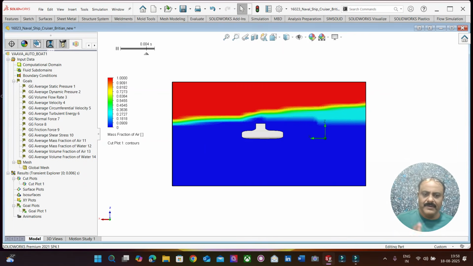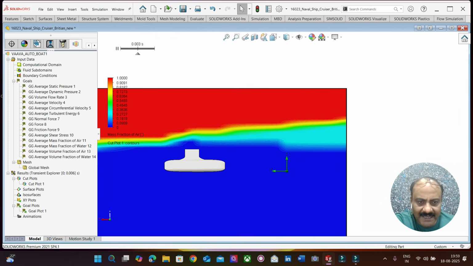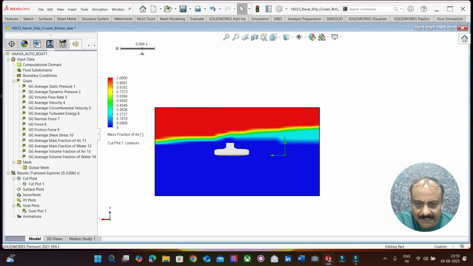So we'll be able to see how the air is going to cut open, or how it is going to move. It's going to slide over the submarine and then it is going to push forward and backward. Here you will find the air is penetrating and it's moving backward. So here the air is streamlined. Instead of air coming forward and striking the submarine, let us assume that the submarine is moving at 60 knots, and that is going to strike the air.